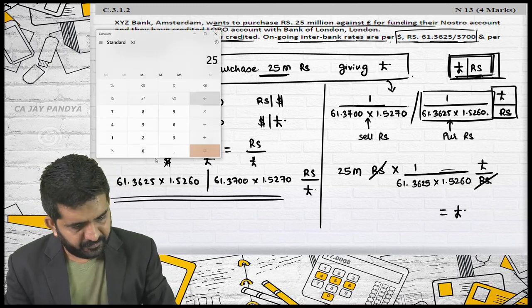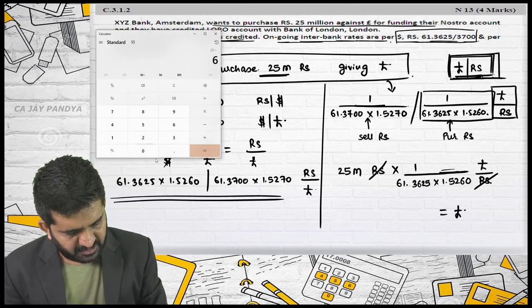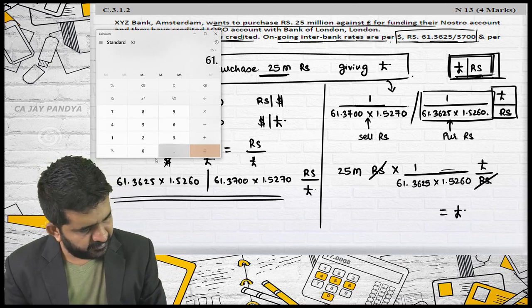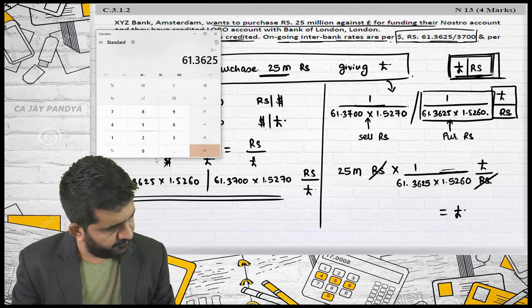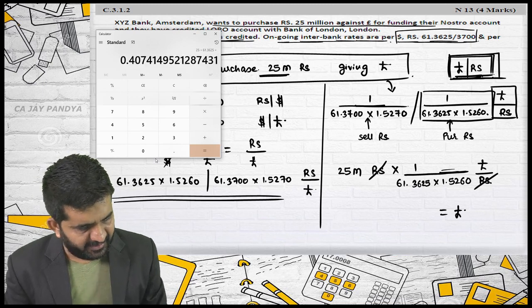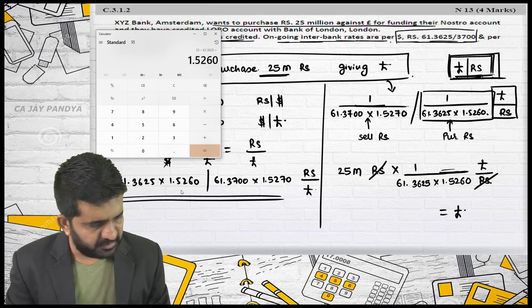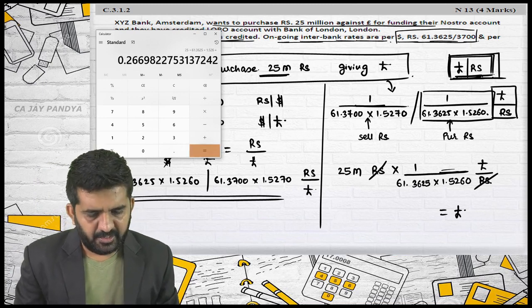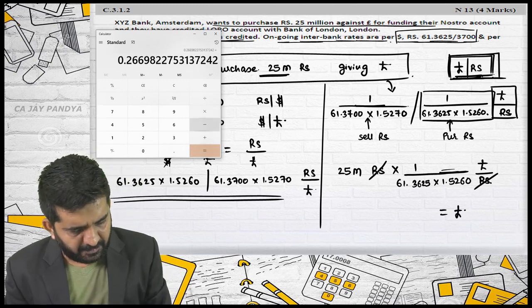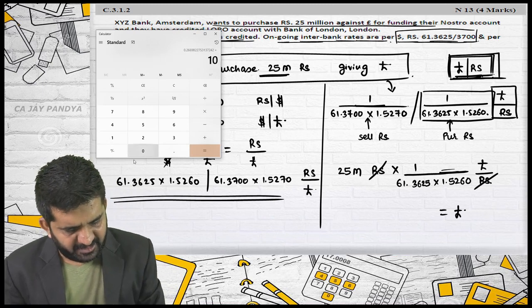25 million divided by 61.3625 divided by 1.5260. Let me multiply million over here. Million is 10 lakhs.